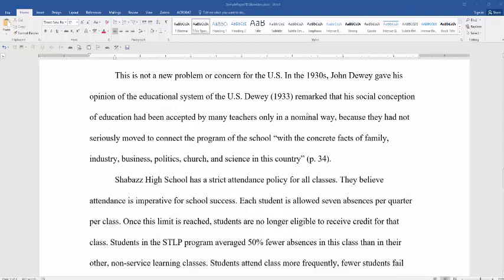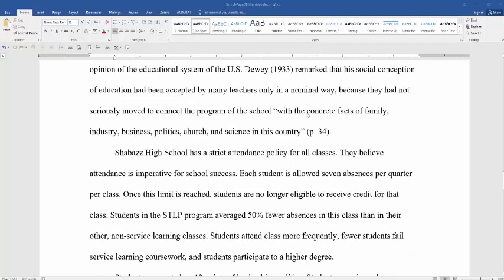The next thing that we have is a direct quote from a work written by Dewey. And so we have Dewey outside parentheses followed by the year in parentheses because we want to introduce his statement, and it's a combination of a paraphrase of his statement and also a direct quote of what he wrote.